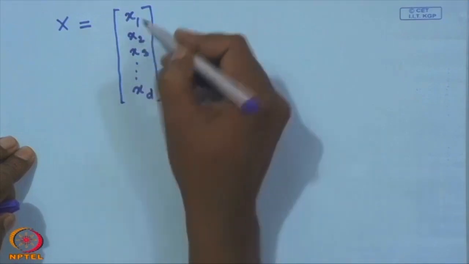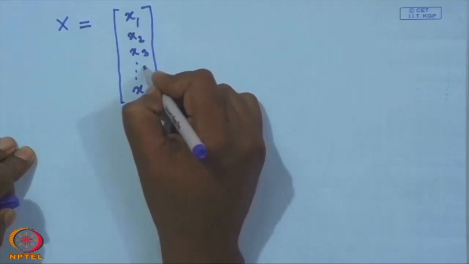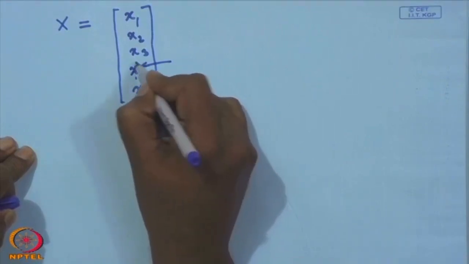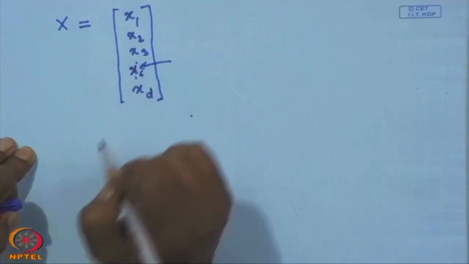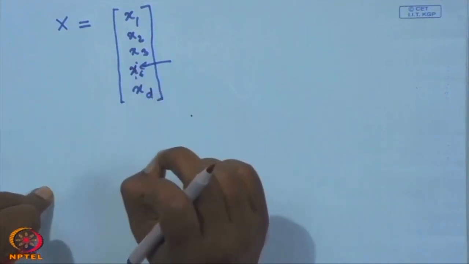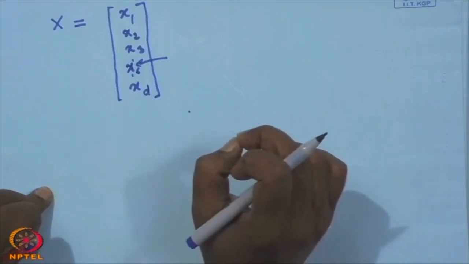Each of them, in general an ith element x i, represents a particular characteristic or feature of the pattern which we want to classify.